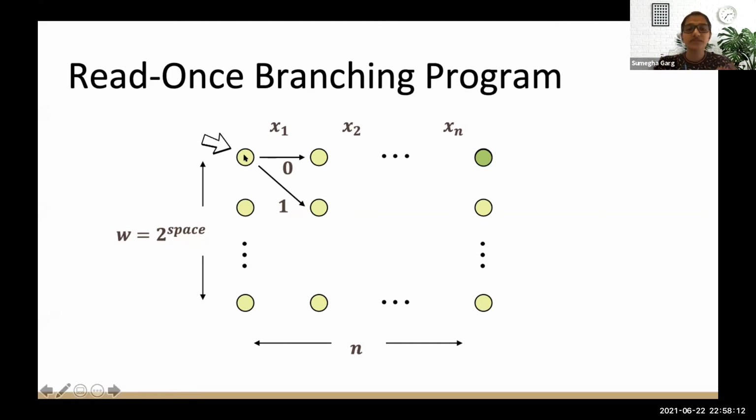And if it reaches a reject state, we say the output is -1. Read-once branching programs are a good model to consider because these computational models are meaningful even if the width W is much less than n; think of comparing W with 2 to the memory size of an algorithm.